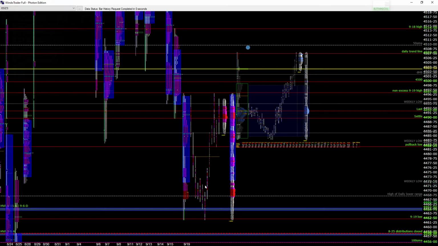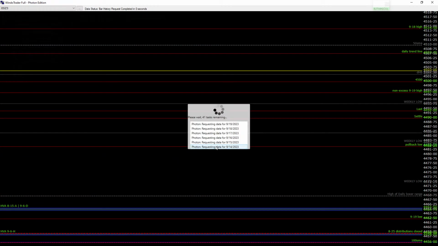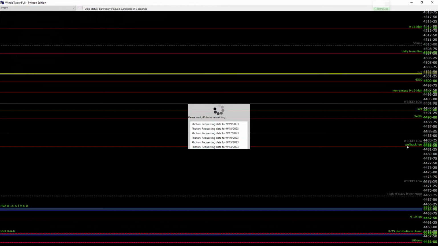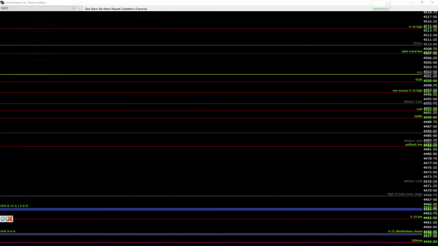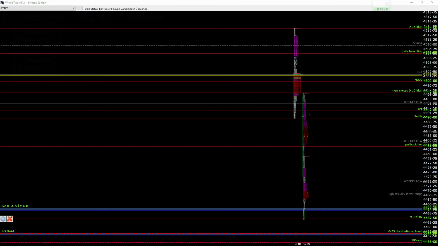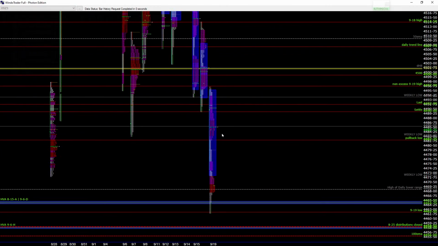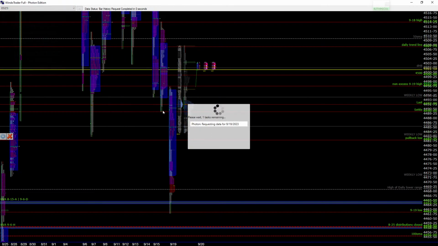The direction of the movement is to the upside, and the market had a pullback yesterday to that low. This pullback is weak because it was made exactly to the previous period low.